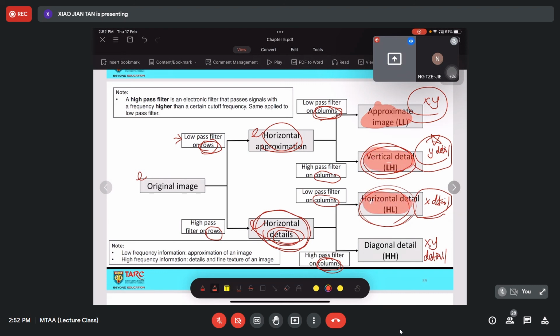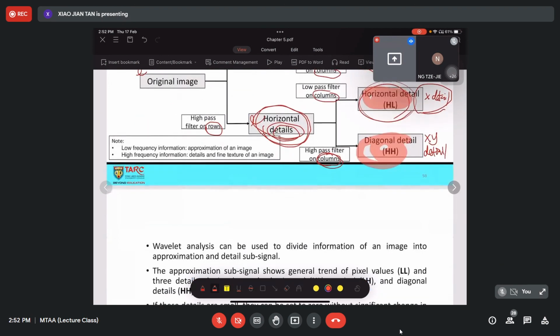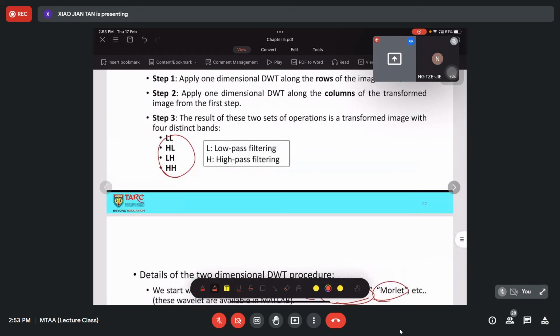The third one is the horizontal detail. The fourth one is the diagonal detail. This is how we actually get these 4: LL, HL, LH, and HH.